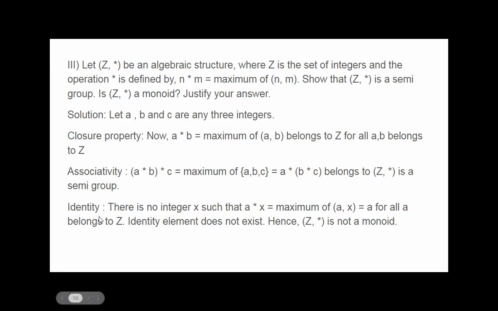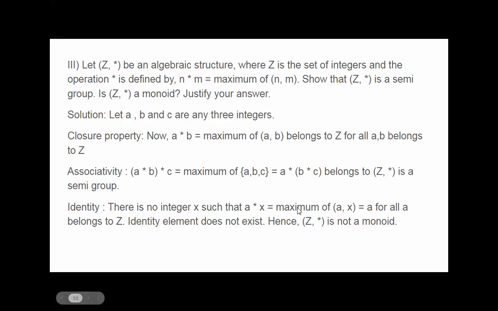Then for identity, what is there? There is no integer x such that A star x is equal to the maximum of A comma x equals A for all A belonging to Z. So the identity element does not exist, which means Z star is not a monoid with respect to this operation, the maximum of n comma m, because it is not going to satisfy the identity property.